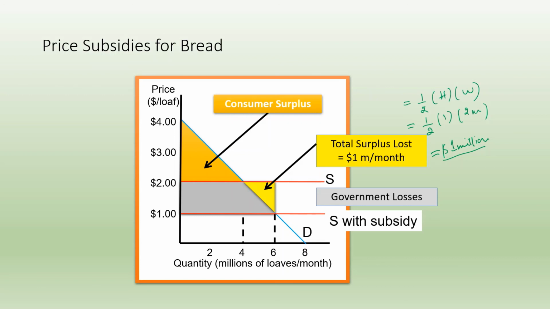But the opponents of these price subsidies will always suggest or recommend that instead of giving the price subsidy, it is better to transfer some income to the poor, or low income group of people, in order to increase their income so they can afford that good.